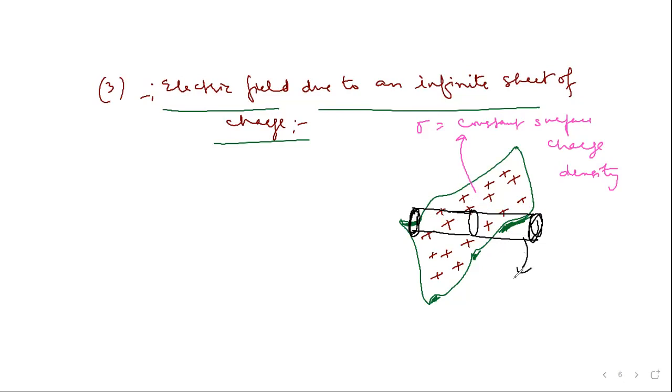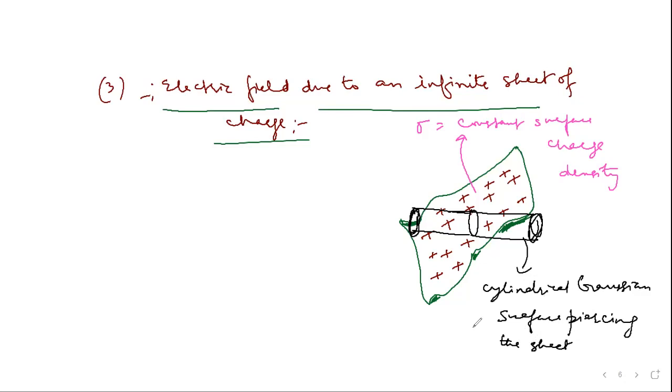This is my cylindrical Gaussian surface piercing the sheet, and let each end cap be r distance from the sheet. That means this is r.